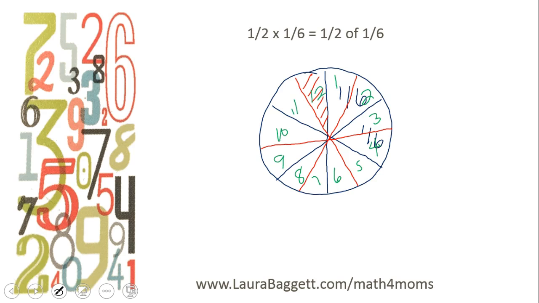We've got 12 slices of pizza now, because we started out with 6 slices, divided each of those into 2 slices, so now we have 12 slices. And that one shaded in part that represents a half of 1/6 is going to be 1/12. So we would expect that 1/2 times 1/6 is going to be equal to 1/12.